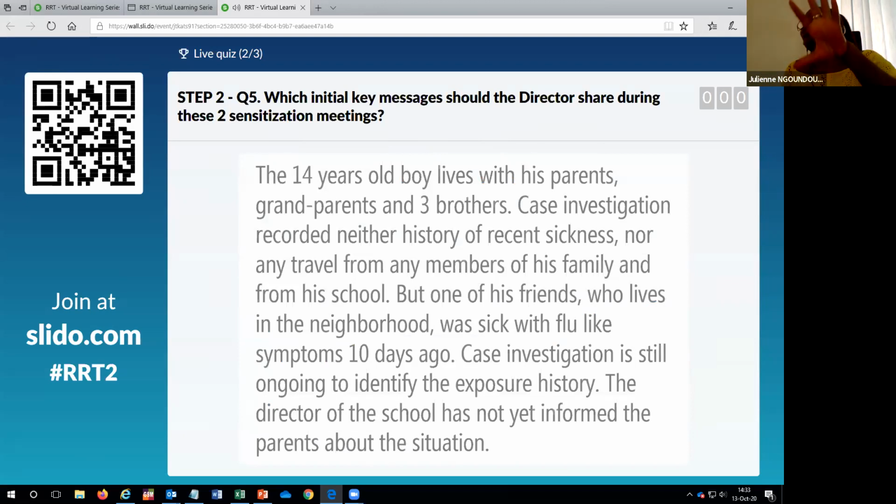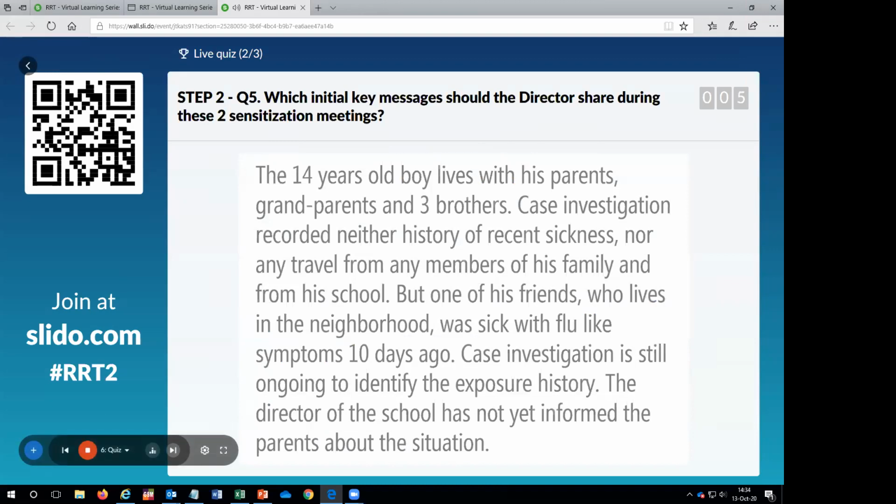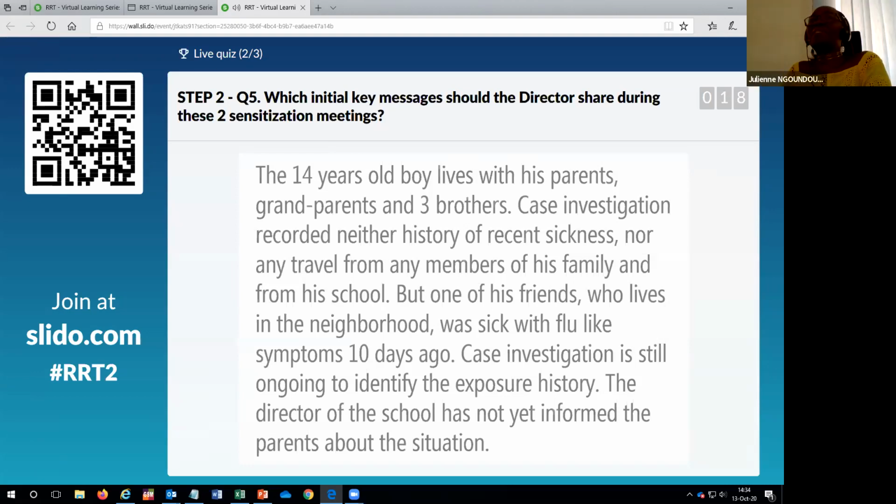If you remember, in question number 4, you said that the director has to organize a sensitization session using IEC material.